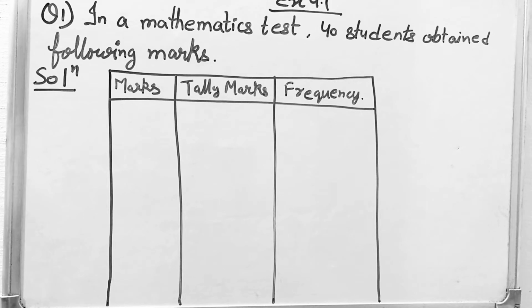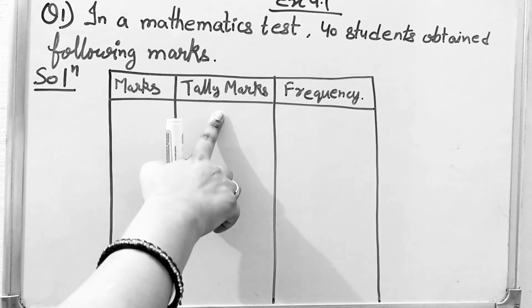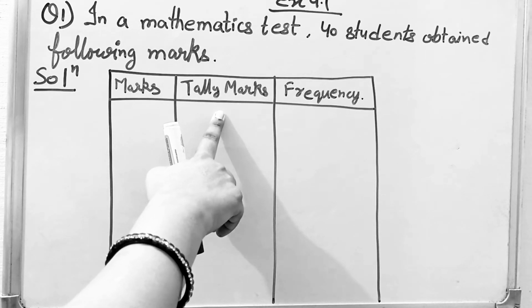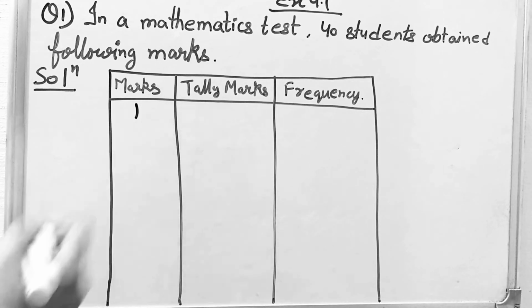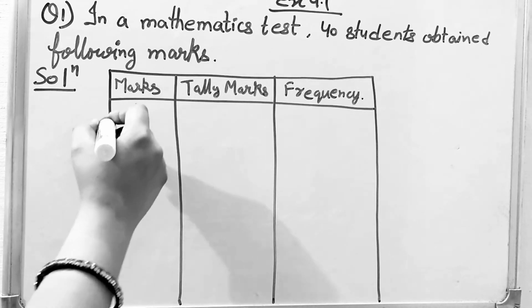So for the solution, what are we going to do? Firstly, we will arrange the given data of marks in the form of a table. In the first column, we are going to write marks. In the second one, we will assign tally marks, and then we will write the frequency. So first let us find out the minimum marks obtained by any of the students. As we can see in our data, 1 is the minimum mark obtained by any student.